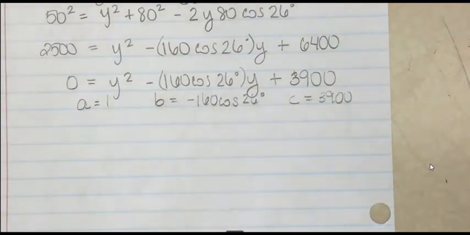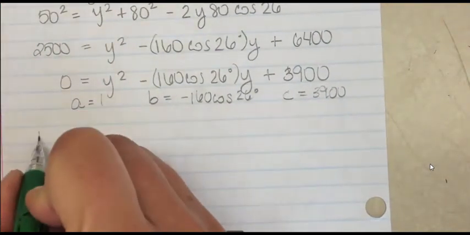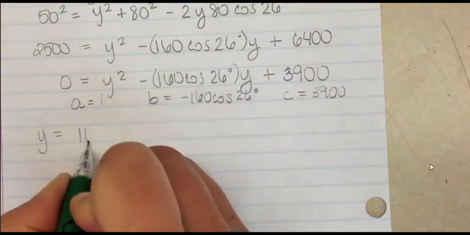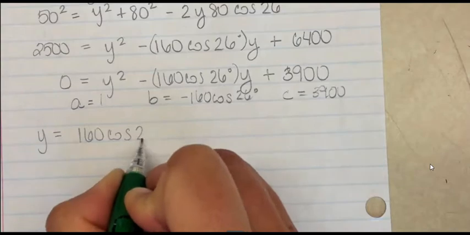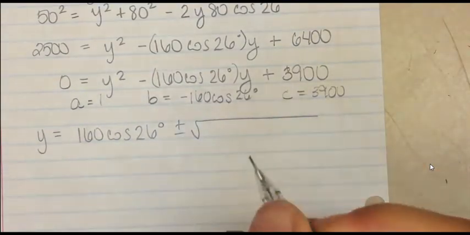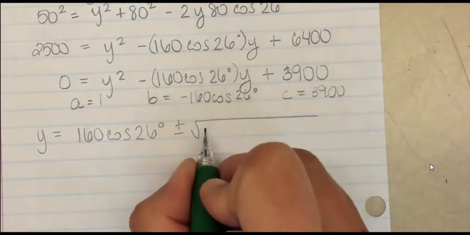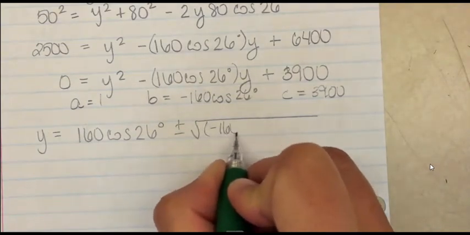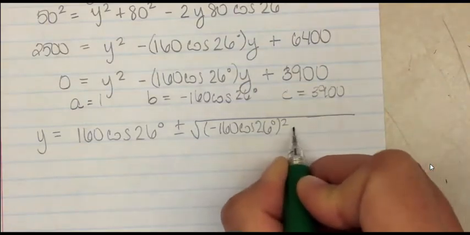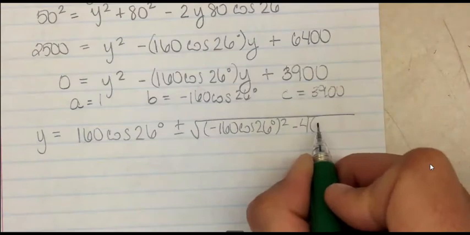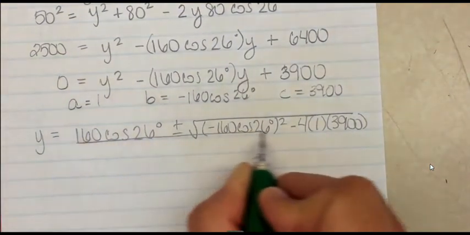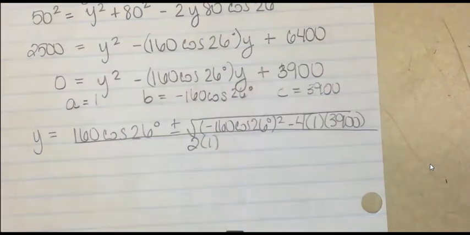And I can plug this into the quadratic formula to figure out what y is. So y is negative b, which turns that into a positive, plus or minus the square root of b squared, which is negative 160 cosine of 26 degrees squared, minus 4 times a times c, all over 2a, or just 2.